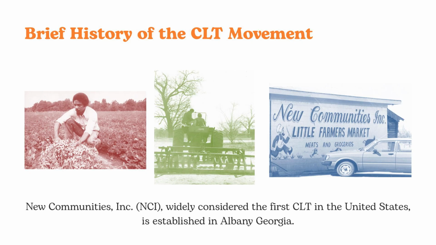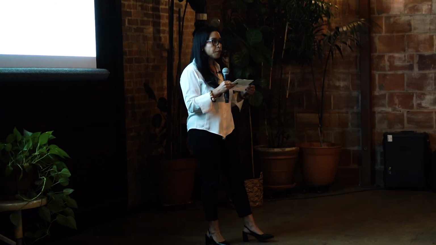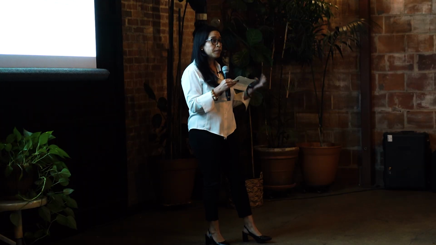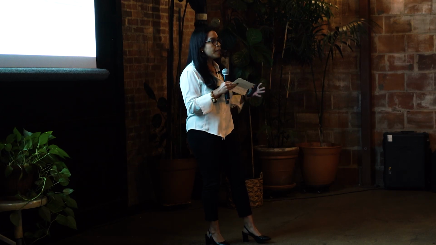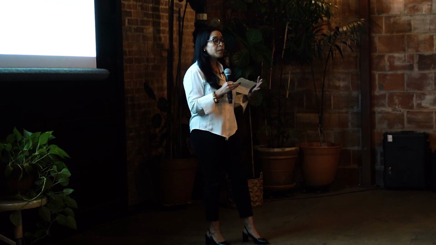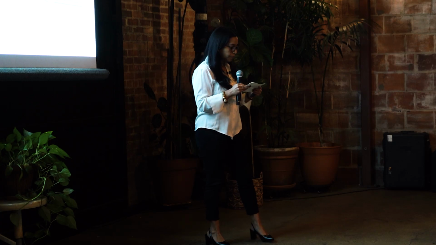In 1969, New Communities Incorporated was established, with the mission of holding land in perpetual trust for Black community members, specifically for sharecroppers, for people who were farming the land, tending to the land, and doing the labor of love of finally being able to implement and practice self-determination.